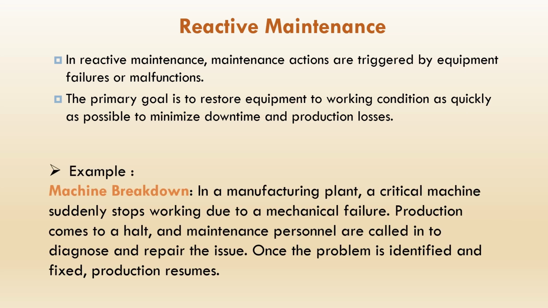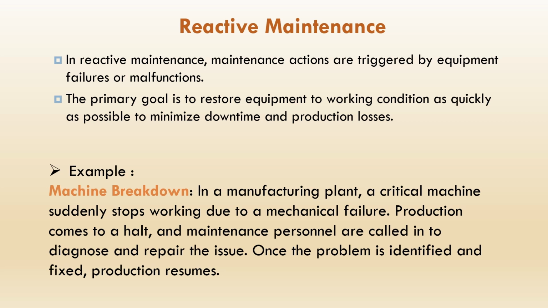For example, in a manufacturing plant, a critical machine suddenly stops working due to a mechanical failure. Production comes to a halt, and maintenance personnel are called in to diagnose and repair the issue. Once the problem is identified and fixed, production resumes.